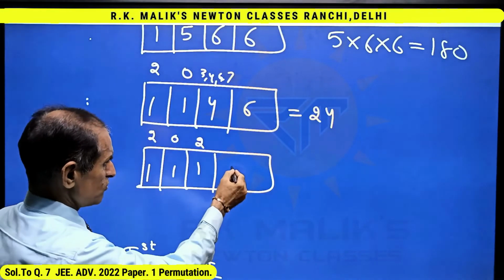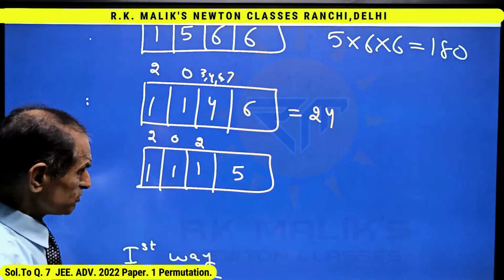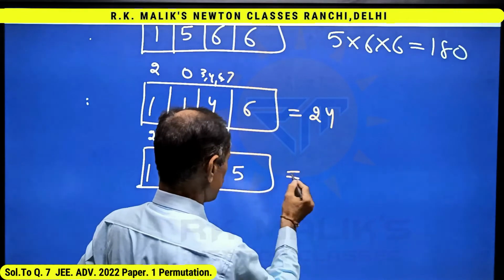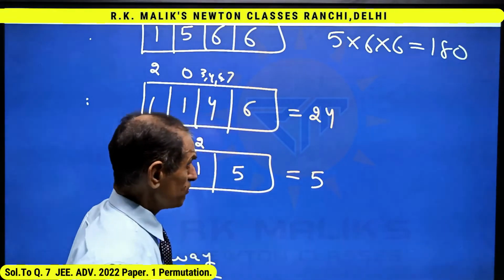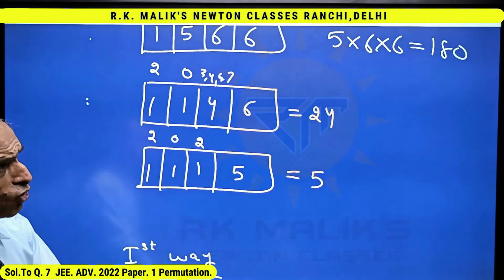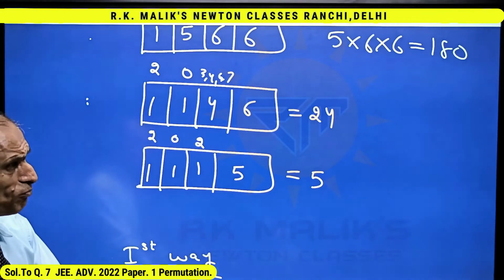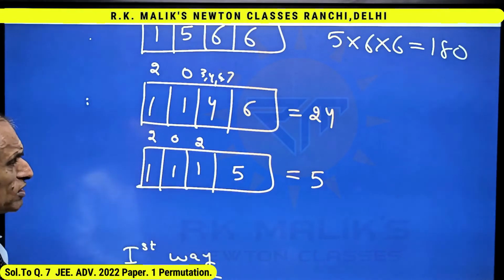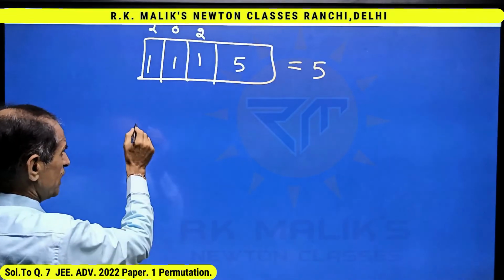That is 5 ways here. That is, I got 1 into 1 into 1 into 5, that is 5 numbers. So far we have got 180 plus 24 plus 5 numbers which have 2 in the first place and are more than 2022.